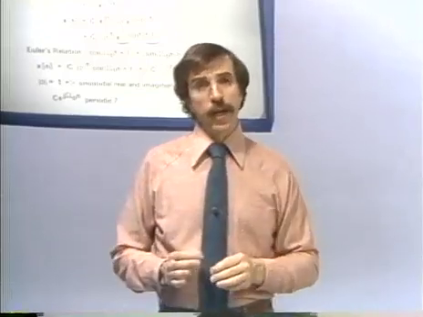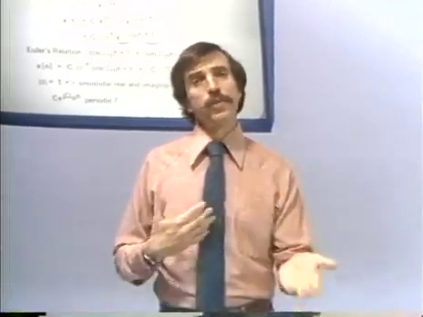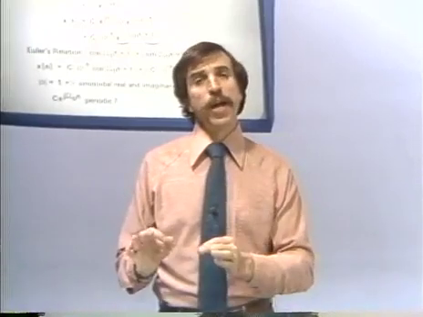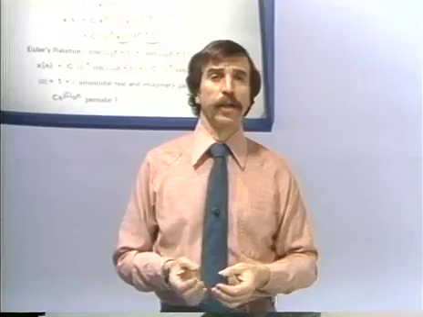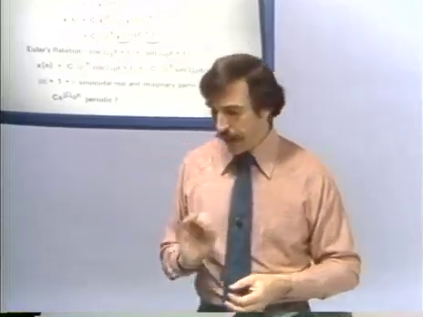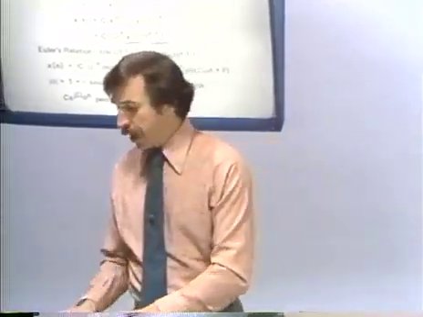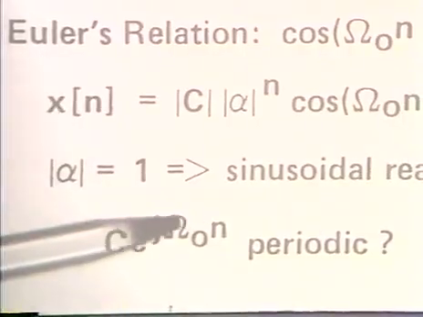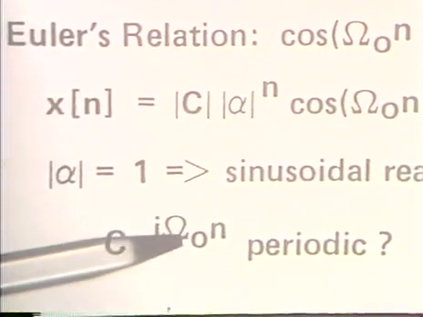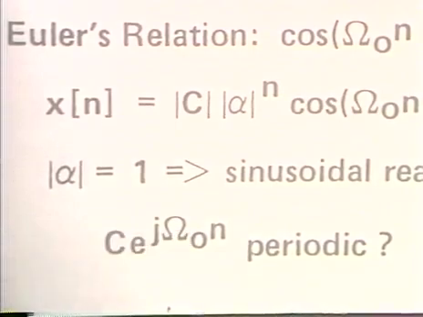In the discrete time case, we know that the sinusoids may or may not be periodic depending on the value of omega 0. And so the exponential e to the j omega 0 n may or may not be periodic depending on what the value of omega 0 is.